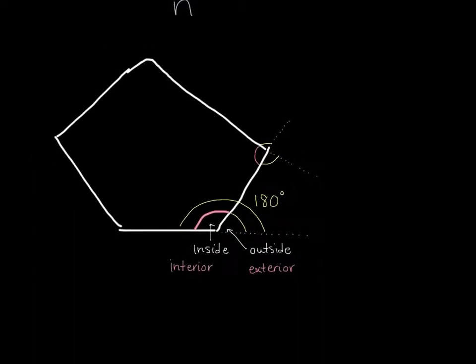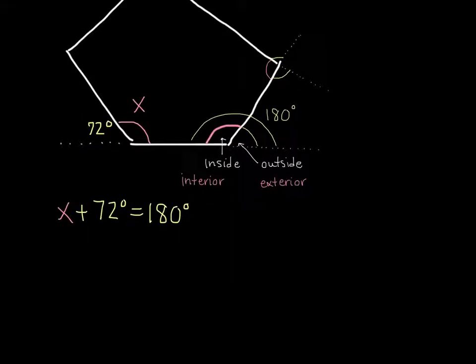So let's say I extended that, and this interior angle is x. I don't know what that is, but let's say that this exterior angle is 72 degrees. Well, that means that together they would form a straight line. So if I took the x and added 72 degrees, I would get to my 180 degree straight line. So I can actually use these exterior angles to calculate things that I don't know.